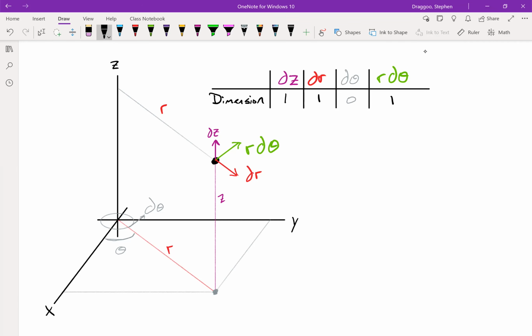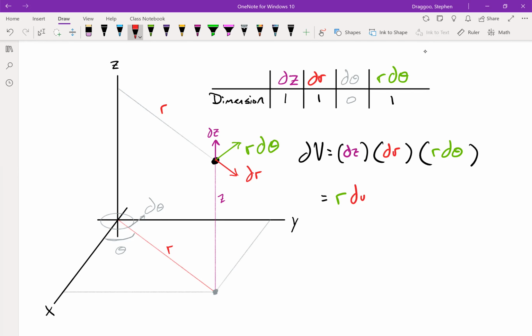And we're going to use these three pieces to describe dV, since if we multiply those three together, we'll get a dimension value of 3. So in cylindrical coordinates, our dV should be dz times dr times r d theta, which we will most commonly write simply as r times dr dz d theta.